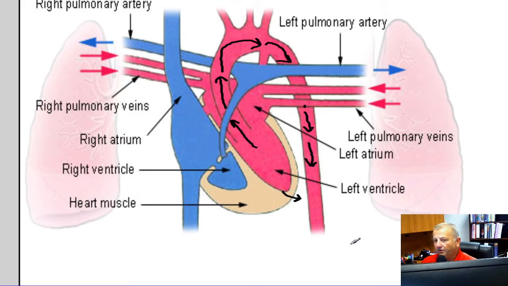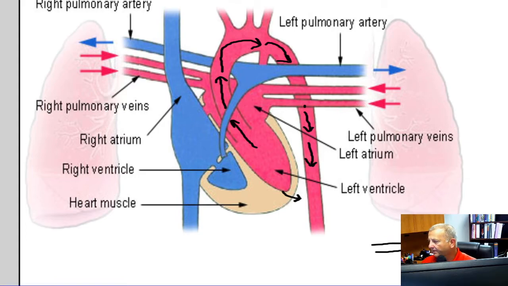And that's what causes edema, because when you get down here to your feet, your hands, it's just like the capillaries around the alveoli.